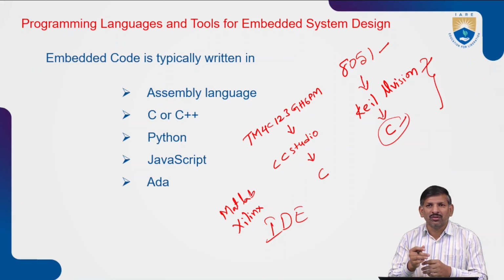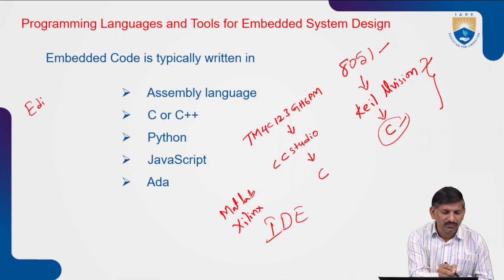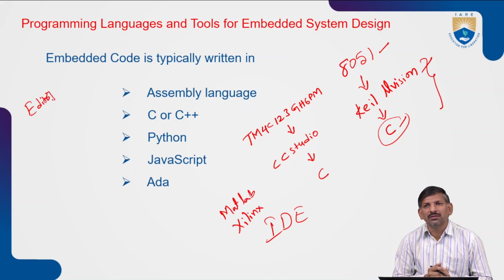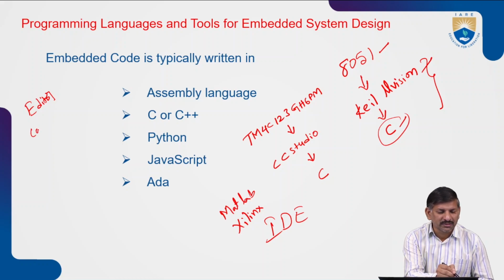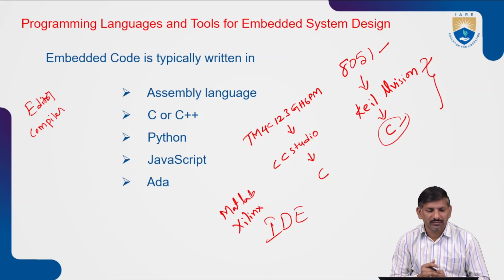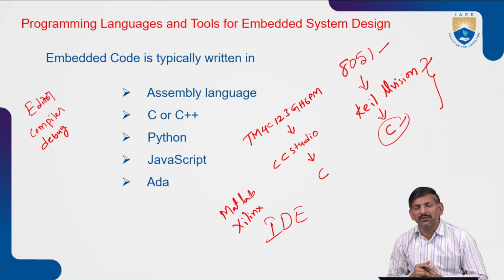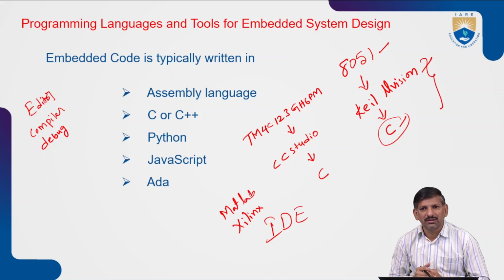If you want to write code, we require an editor window, a separate editor to write the program. Next, a compiler or assembler to convert into machine level. Next, we require a debugging tool to find the functional deviations and rectify them.